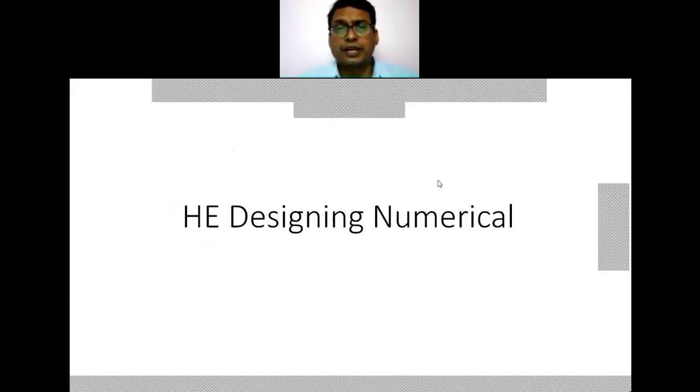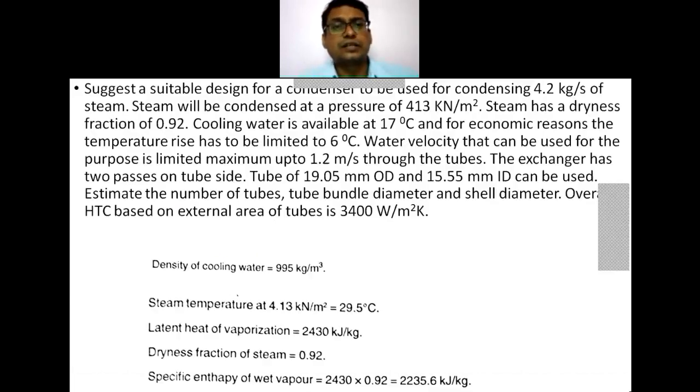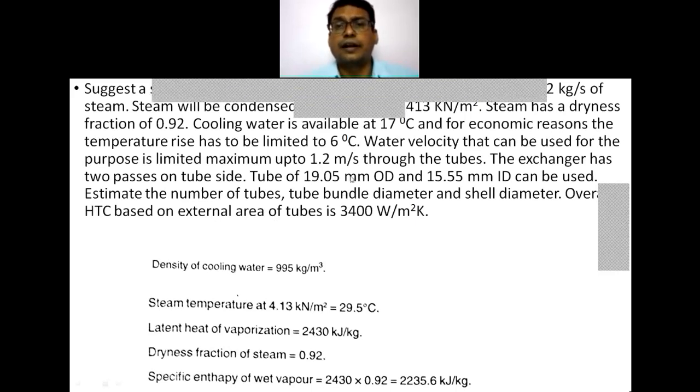So first numerical that we will discuss: suggest a suitable design for a condenser to be used for condensing 4.2 kg per second of steam. That means we want to condense the steam. Its mass flow rate, that is 4.2 kg per second, is provided.